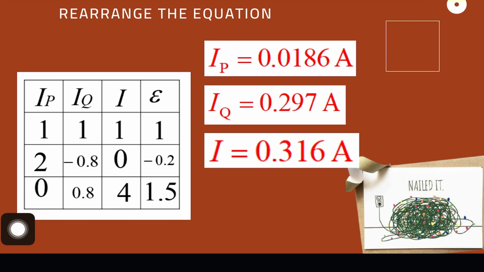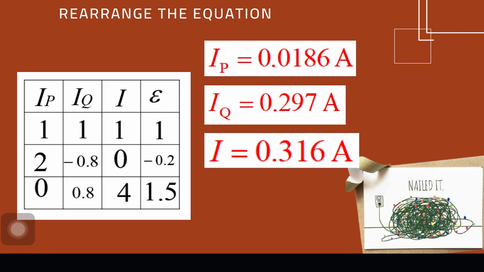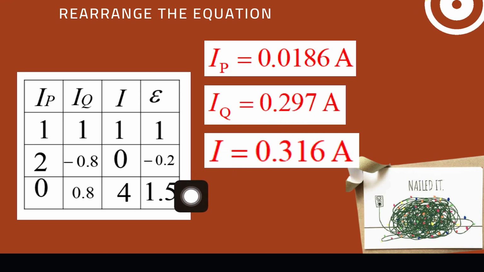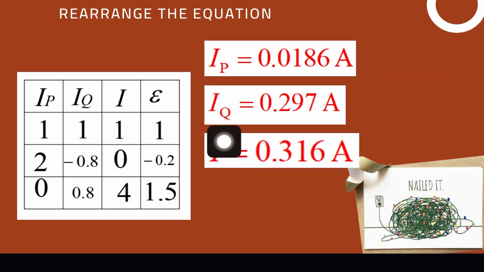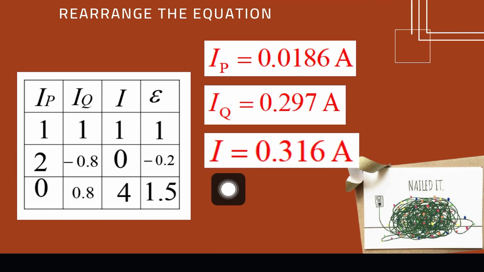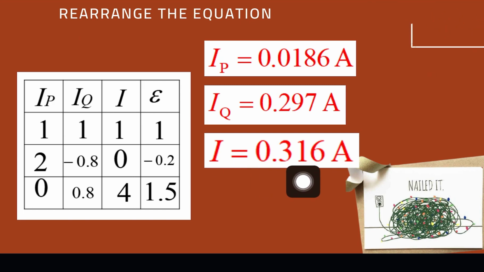Okay guys, so please check. When you change this E to 0, is it IP equals to 0.0186 ampere, and then IQ equals to 0.297 ampere, and I equals to 0.316 ampere?